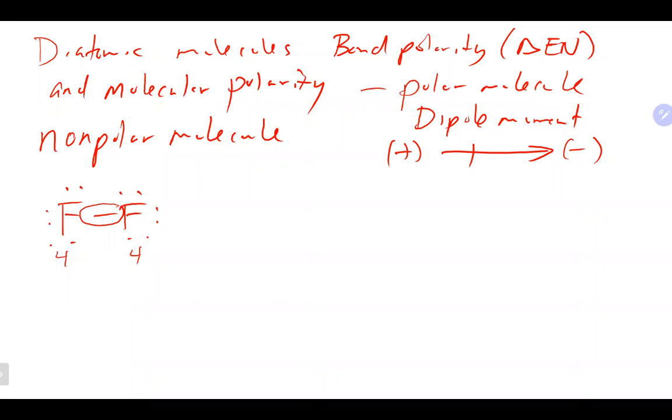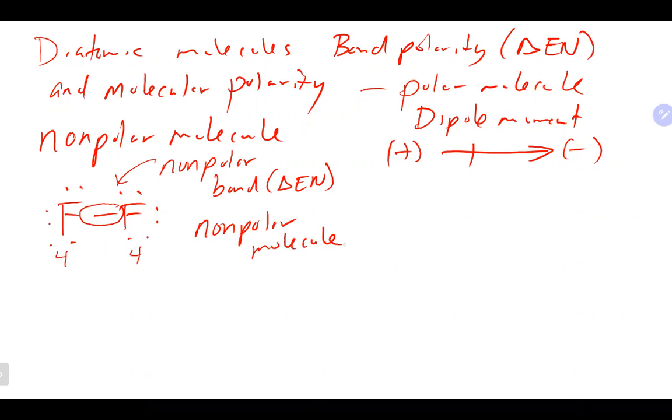That's perfect equal sharing of electrons. So this bond is a non-polar bond based on the difference in electronegativity values. And because that is the only bond in the entire molecule, the molecule has to also be a non-polar molecule. There's just one bond, and that one bond is non-polar, so the whole thing is going to be non-polar as well.